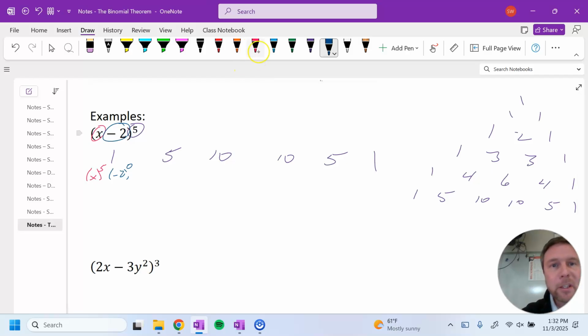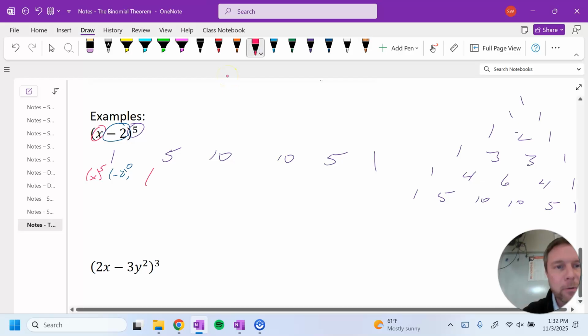Awesome. Now let's go to this first 5 over here. I'm going to put the first thing in pink circled there, x, to the power of 4. And then this negative 2 also goes in parentheses, to the power of 1. 4 plus 1 equals 5. All right, do the next one, the 10 now. I'm going to go in parentheses, x to the power of 3.